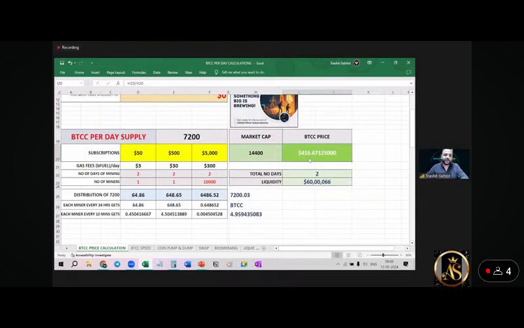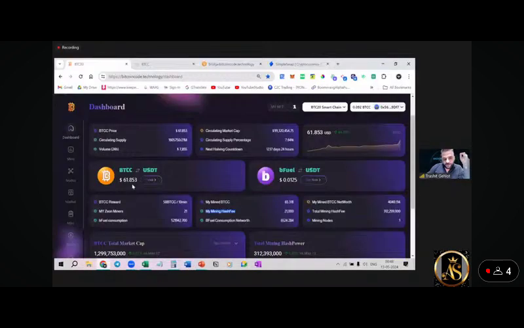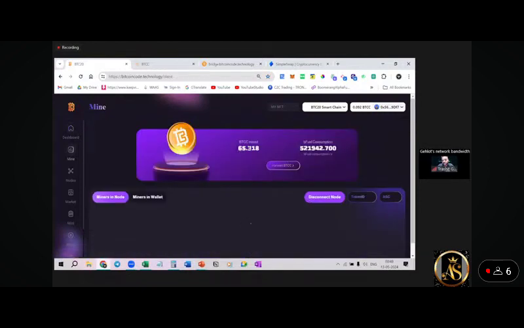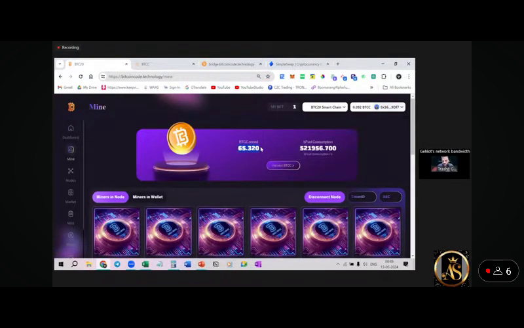If we want to increase the price of BTCC, it is very important for us as well to harvest and claim these rewards. And what people did was they harvested BTCC, then used the same BTCC to harvest more BTCC. That is not the correct way. Fresh funds need to enter the system. So it is very important for us to harvest BTCC using fresh funds.